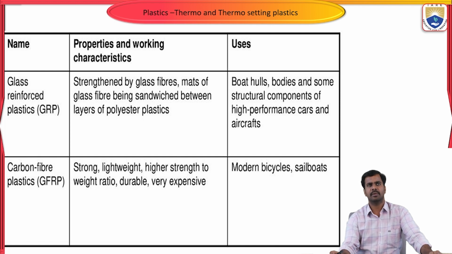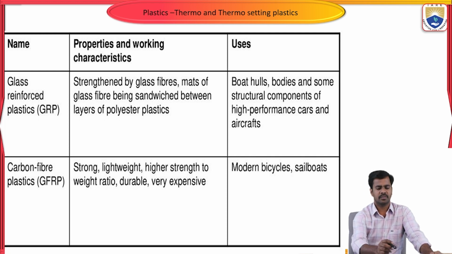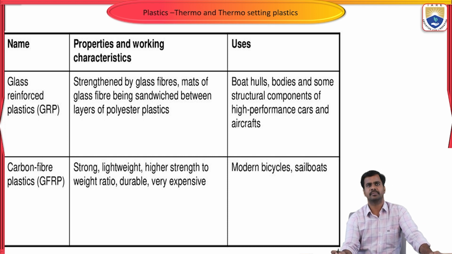And one more thermosetting plastic is GRP, glass reinforced plastics. Coming to the properties, these are strengthened by glass fibers, mats of glass fiber being sandwiched between layers of polyester plastics.